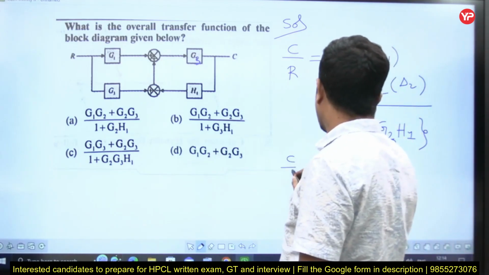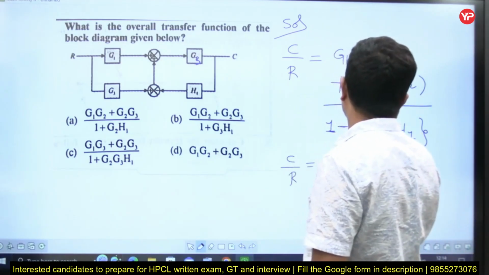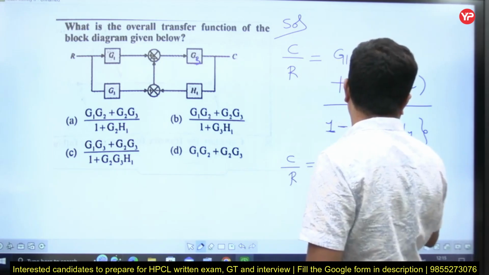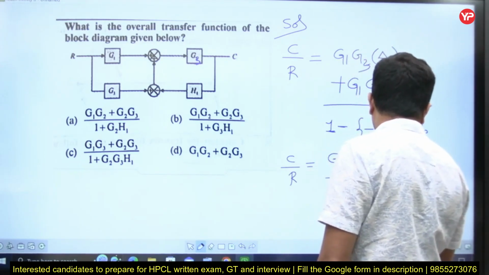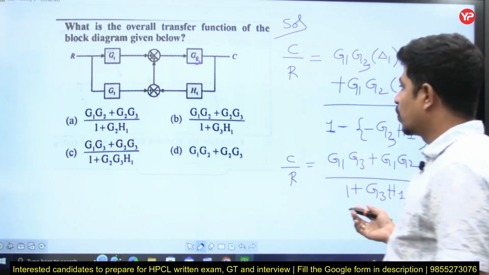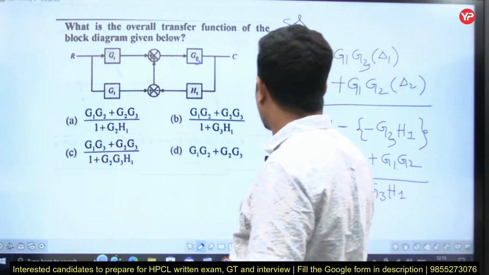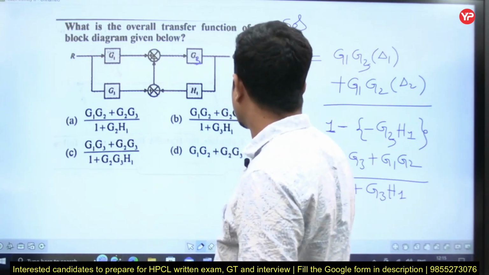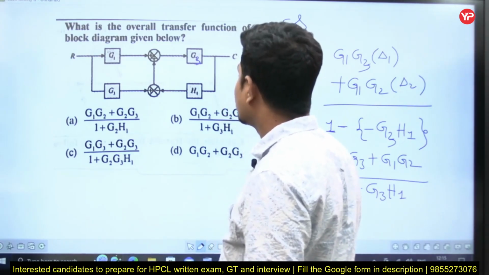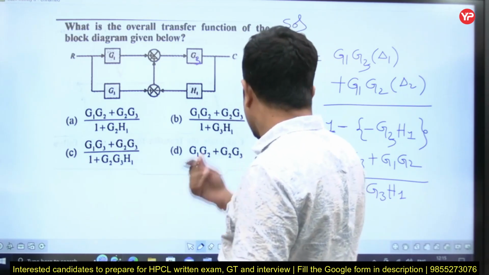Now C by R is equal to G1 G2 plus G1 G3 by 1 plus G3H1.